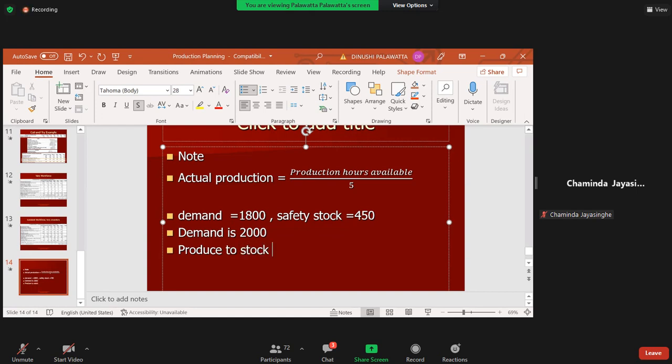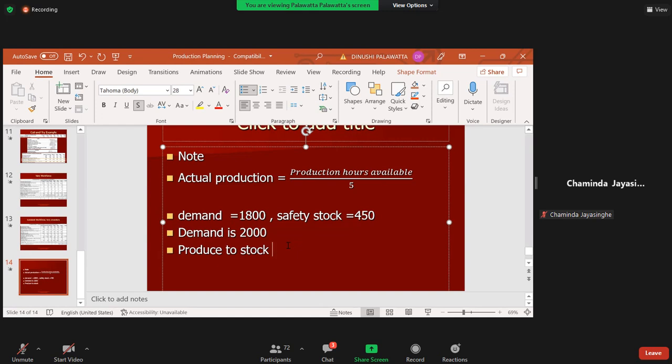See, when we produce to stock, any company will have a stocking area, and if they have to stock more than what they can stock, additional cost occurs.